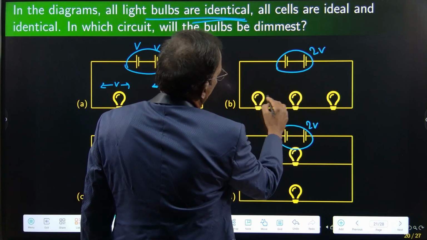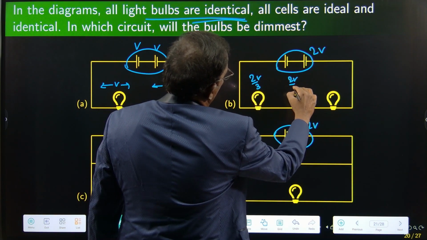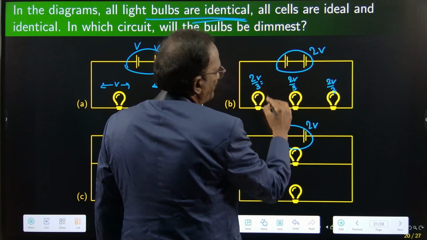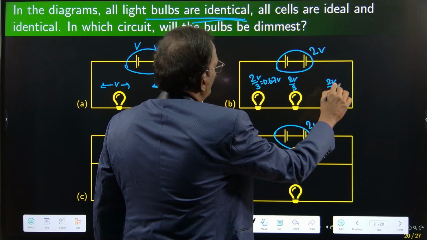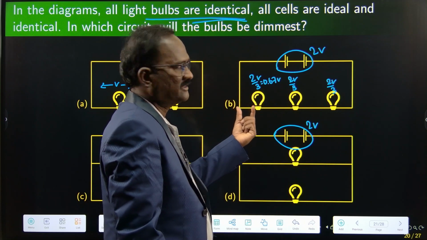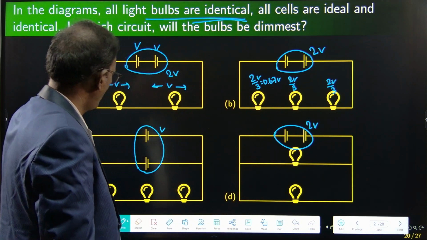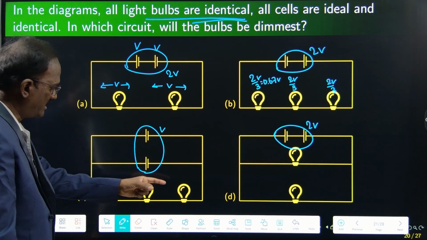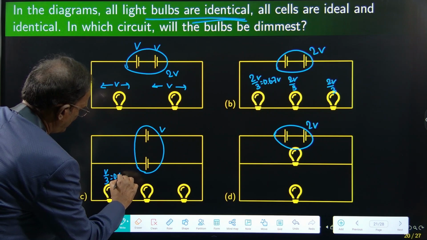Here it is 2V with 3 bulbs, so each gets 2V by 3, which is 0.67V. This is V, dividing equally among 3 bulbs, so V by 3 is 0.33V.